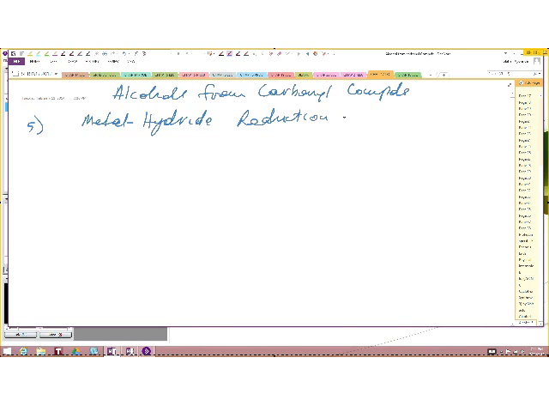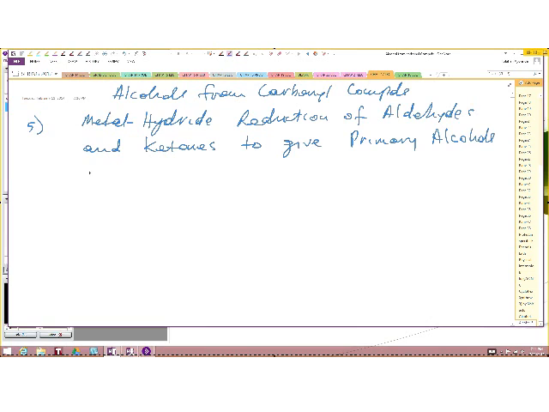Reduction of aldehydes and ketones to give primary alcohols and secondary alcohols respectively.